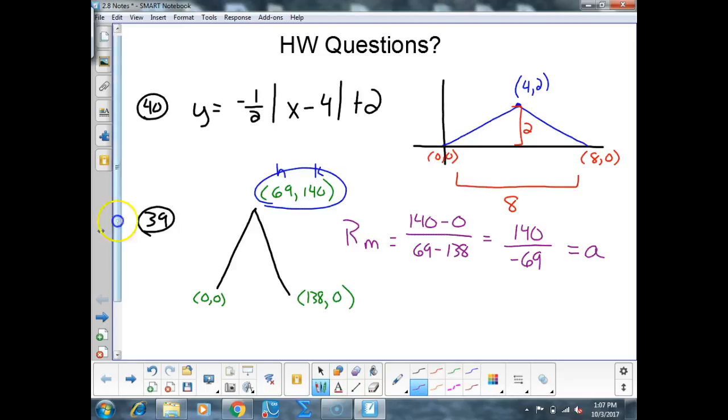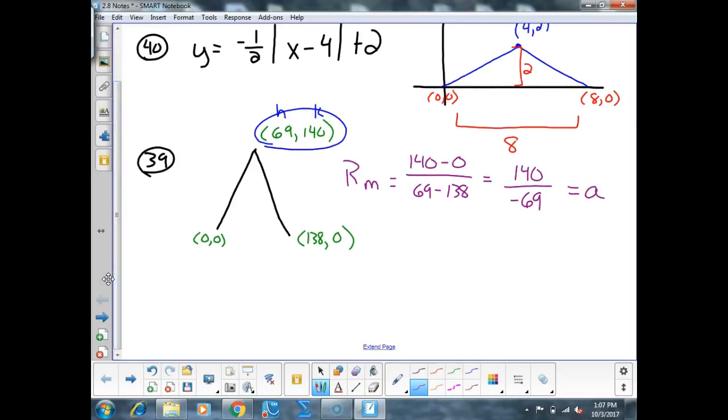So now I can go and I can say, well, my function, my building, is negative 140 over 69 times the absolute value of x minus 69 plus 140.